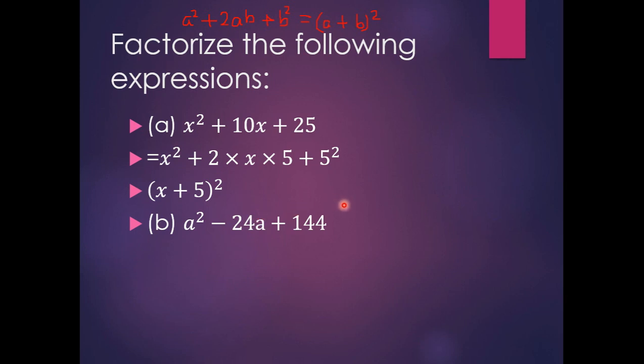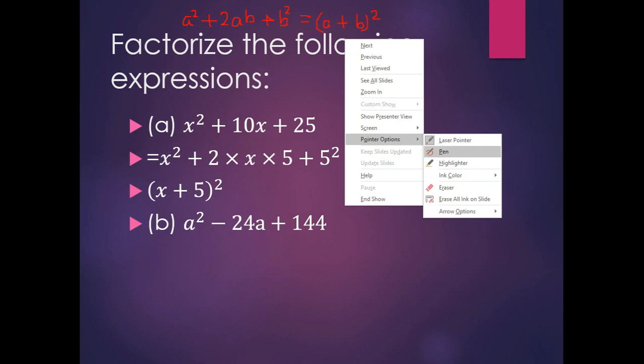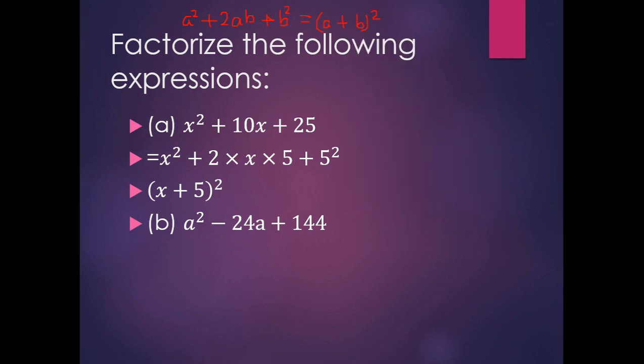Okay, and our formula for a square minus 2ab plus b square equals, it is a minus b and its square.